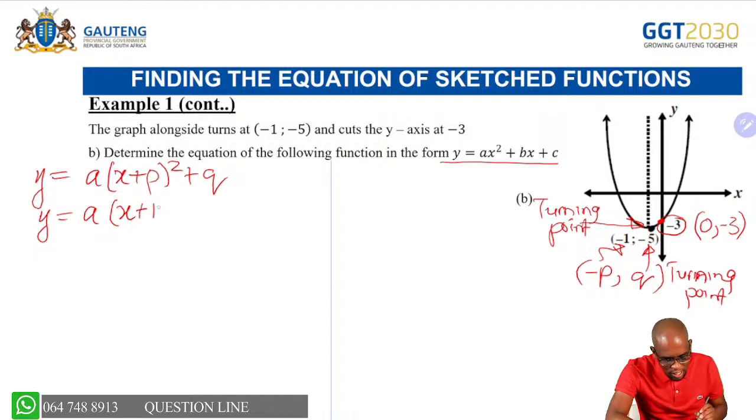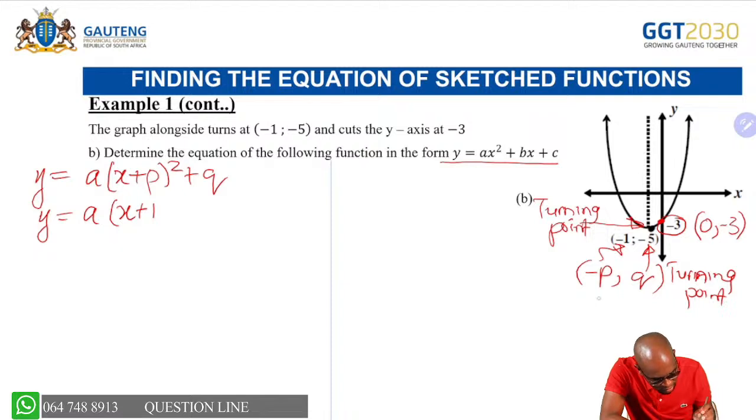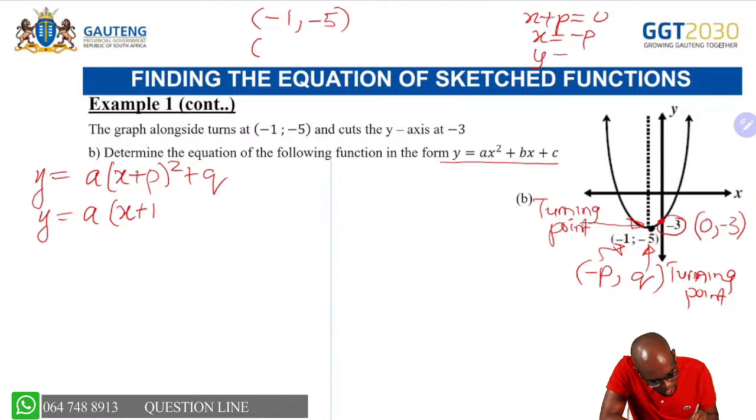I will have plus 1, because remember, I'm given that the turning point is negative 1 and negative 5, and in this form, x plus p is 0, so x is equal to negative p, and y is equal to q, which means I have negative p and then q.